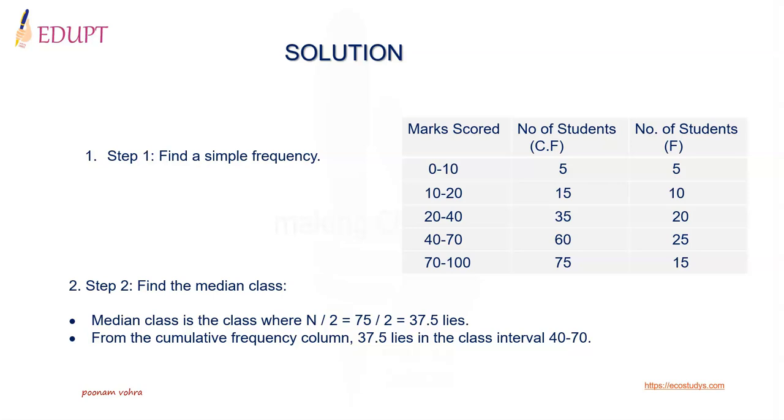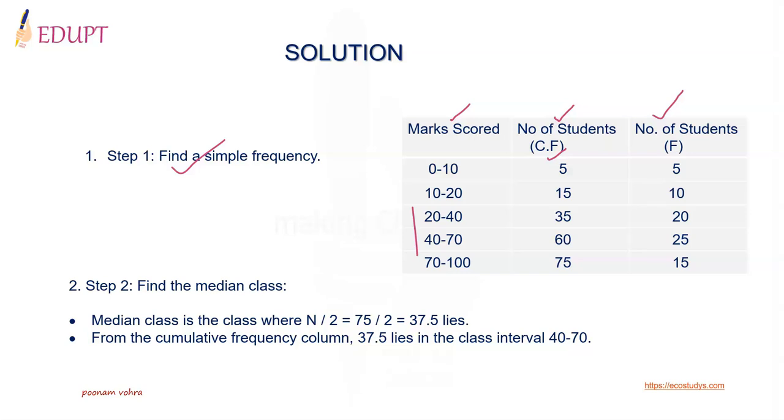In the question, you have noticed that marks scored are in class intervals which are unequal and number of students are frequency, and here it is given as cumulative frequency. So the first step is find a simple frequency, and I hope all of you are aware of the procedure to find simple frequency from the cumulative frequency.